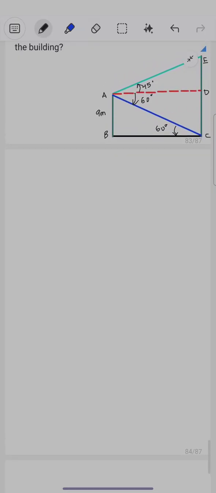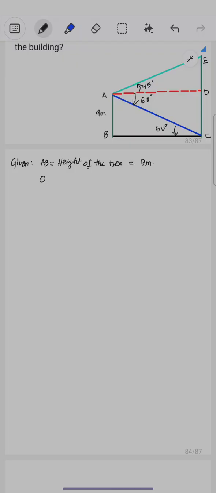So given AB equal to what? Height of the tree, which is 9 meters.